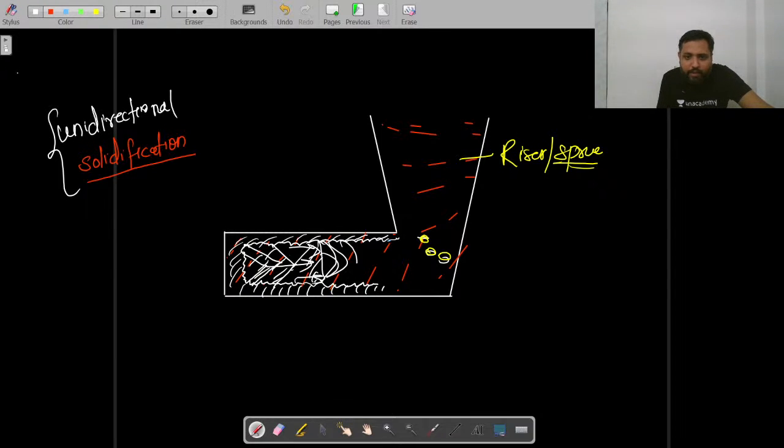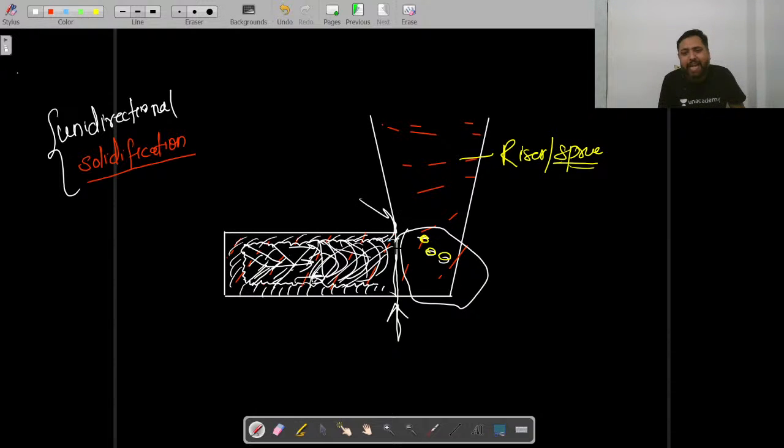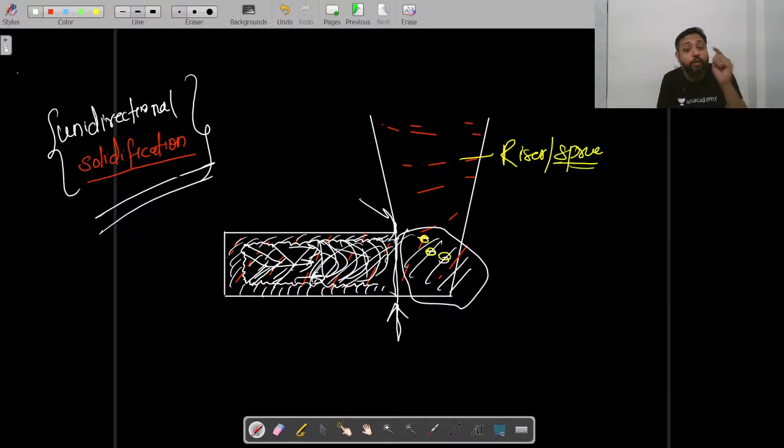So this is going to be your casting. Later on you can simply cut off this part, and this whole thing will be scrapped off. So you came to know that unidirectional solidification also helps you in purifying the molten metal, right?